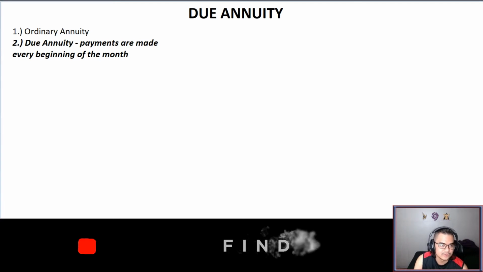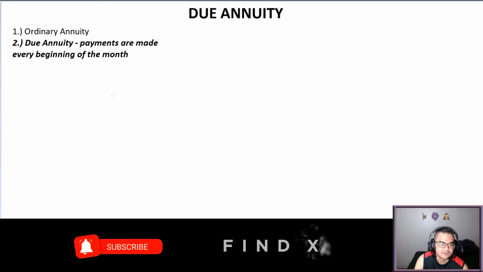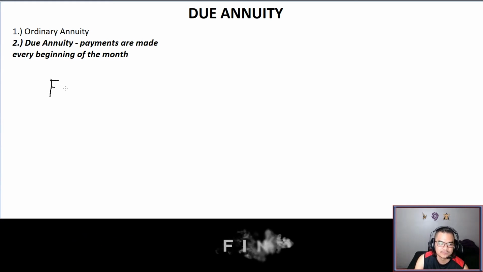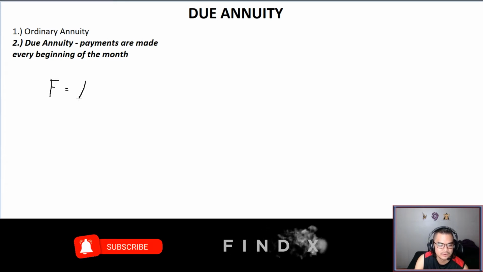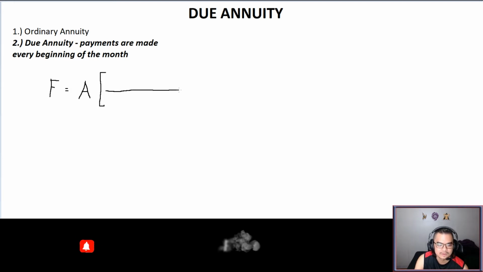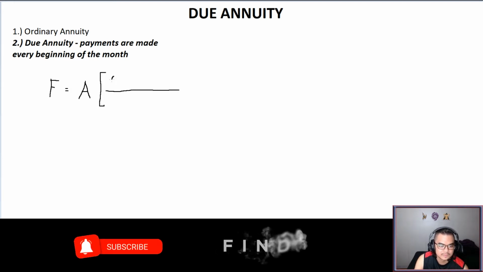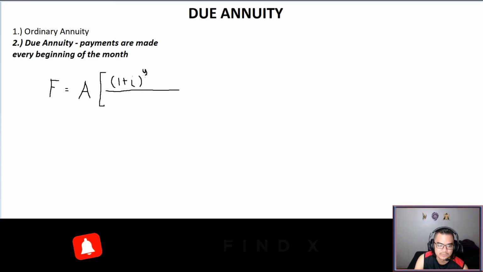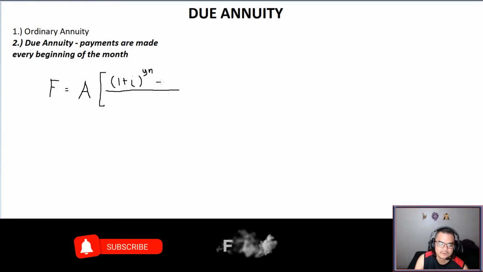So going into the formulas, let's just recall. For the formula of ordinary annuity, we have the future amount F equals the annuity A times (1 plus i) raised to yn minus 1, all over i.